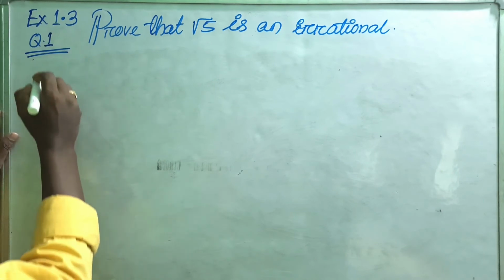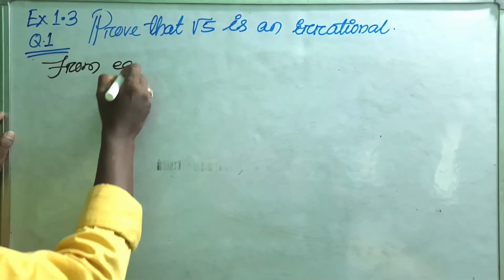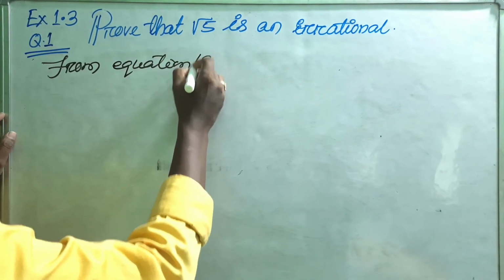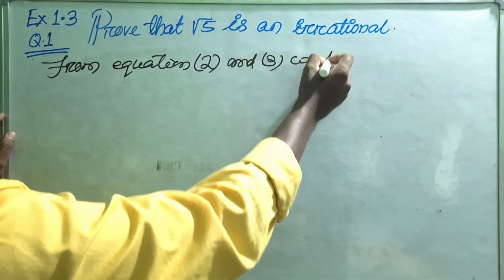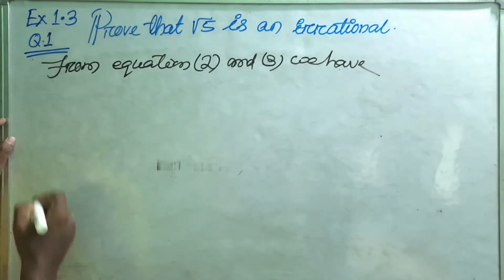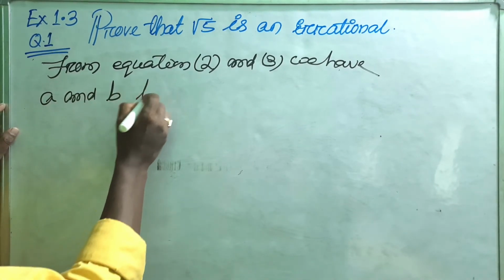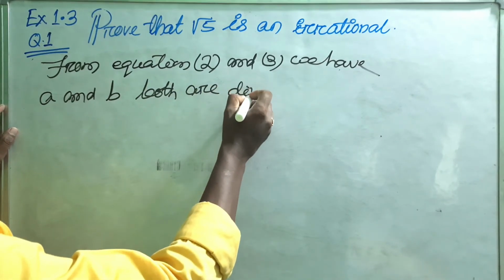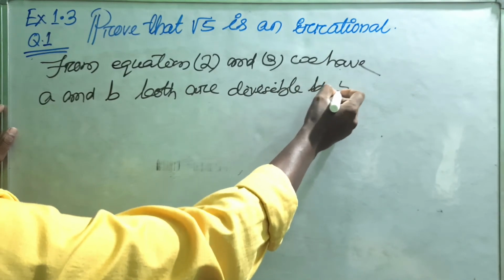Now guys, from equations 2 and 3, we have a and b both divisible by 5.